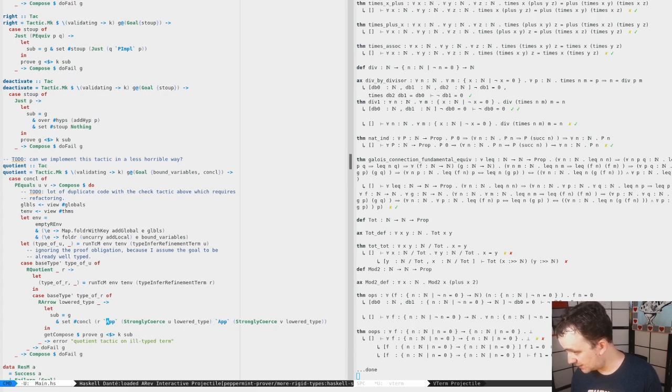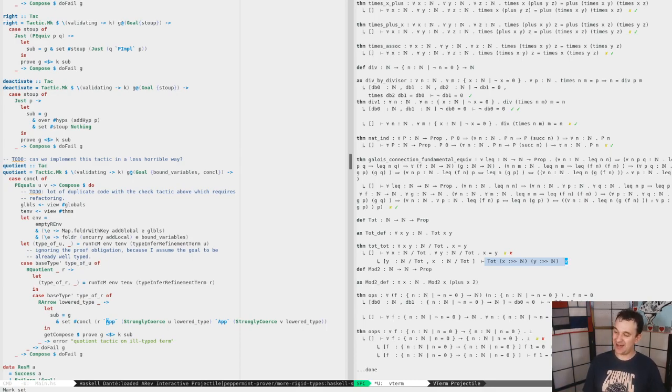And now we should have tot. Yes, look at this. Now we just replaced the tautology by this again.